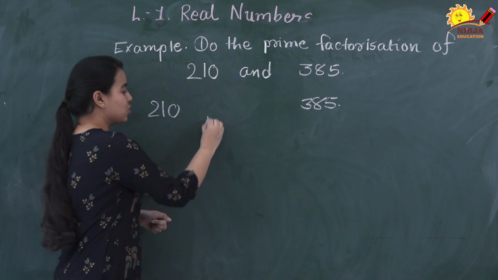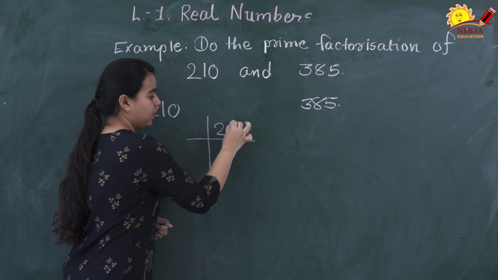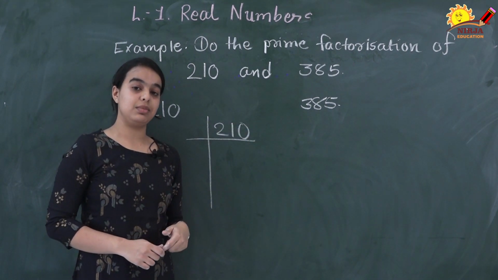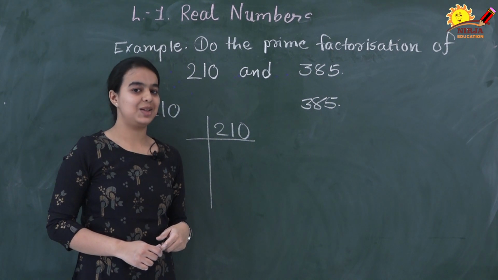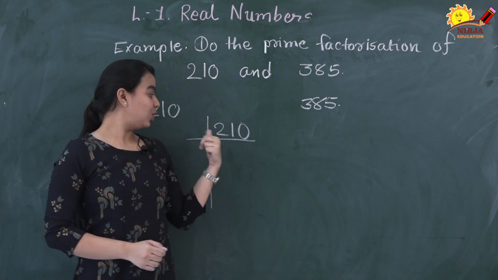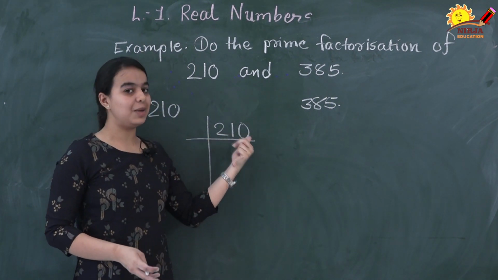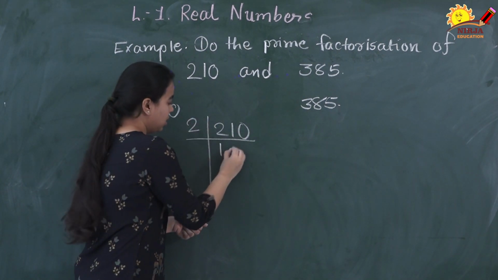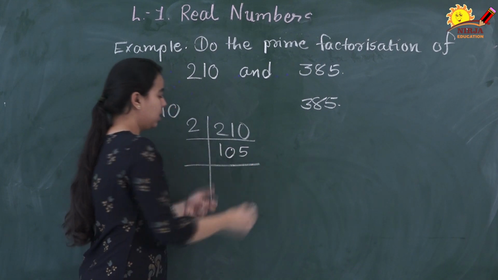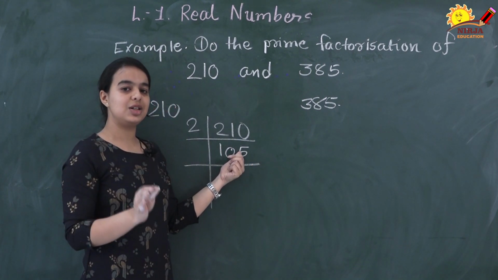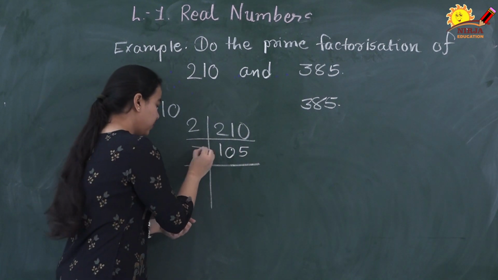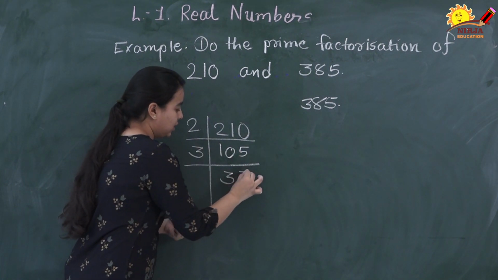Once again we are going to see. Okay, so which is the least prime number? Yes, you are right, it is 2. So 210 can be divisible by 2? Yes, let's do so. Here it comes 105. 105, the least prime number by which we can divide 105 is 3. It comes 35.